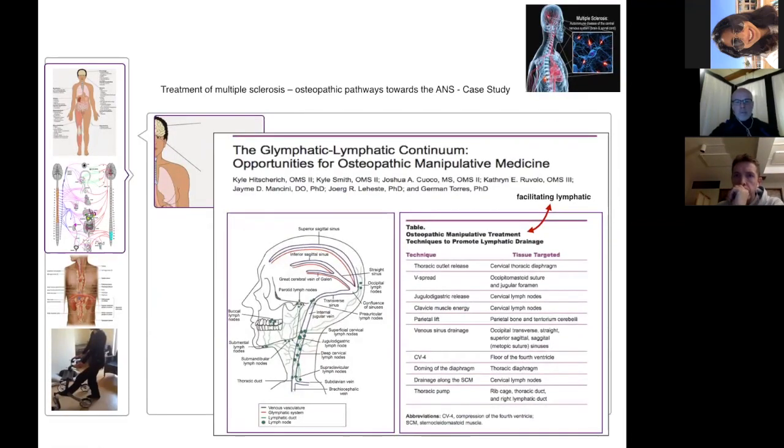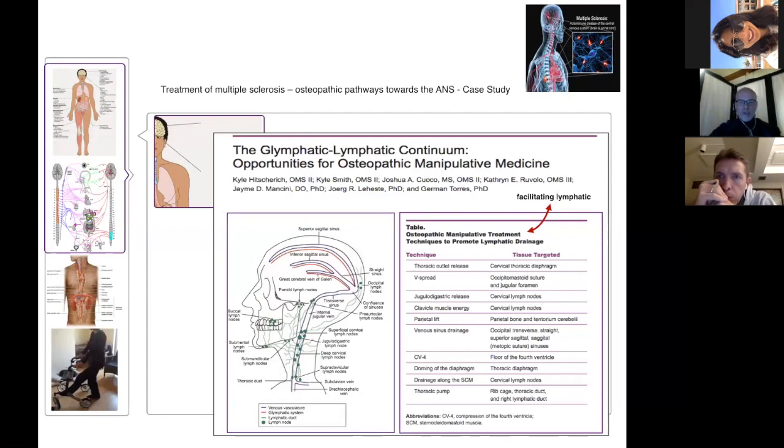Okay, so this is a protocol or an approach, which is from, again, the same resource. And it shows you how there are specific types of approaches within the context of treatment that we can give. The thoracic inlet-outlet relationship. We can do vertex or V-spread, occipital structure and jugular foramen influence.